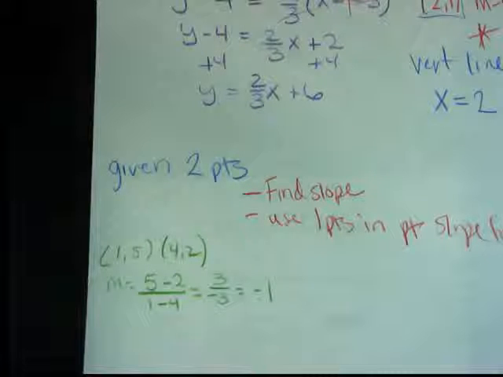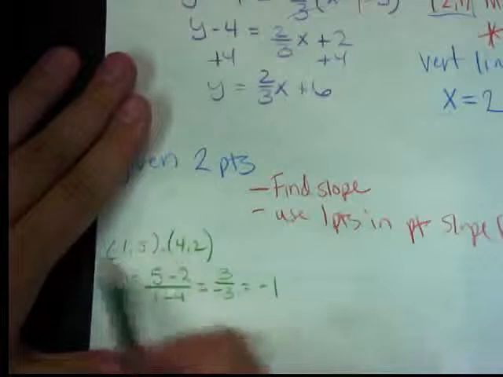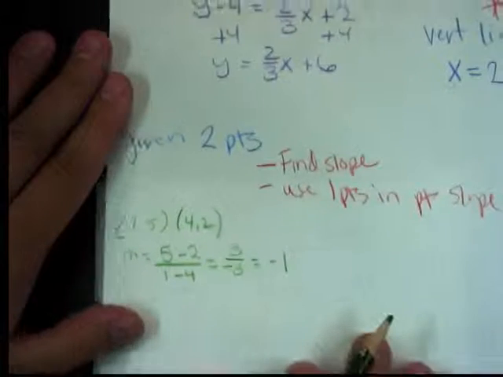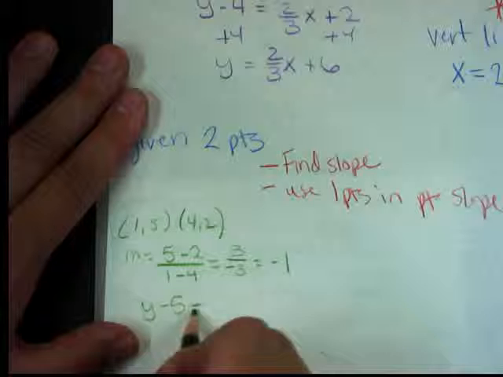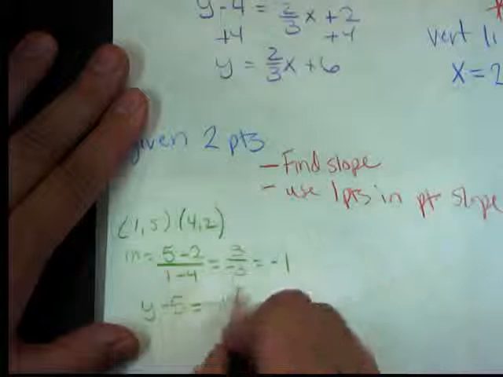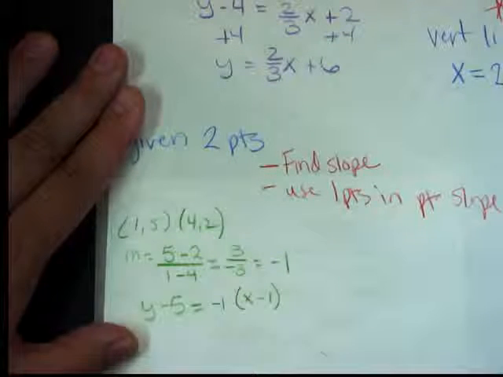Now I'm going to use one of the points. It does not matter whether I choose (1, 5) or (4, 2). I'm going to get the exact same results. I'm just going to pick the first one just because it's first. No special reason. So I'm going to go y minus y equals m times x minus x. There's the point slope formula.